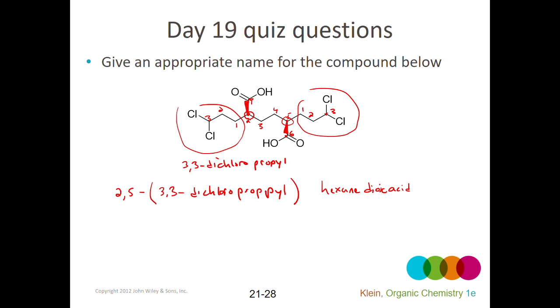If we did have a solid wedge here though, let's take a look at carbon 2. We're going to have to prioritize the groups here. So if the chlorines weren't here and the rest of the structure weren't there, there wouldn't be a chiral center because these two propyl groups on either side would be equivalent.